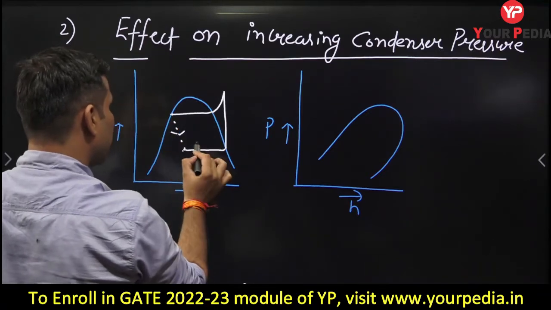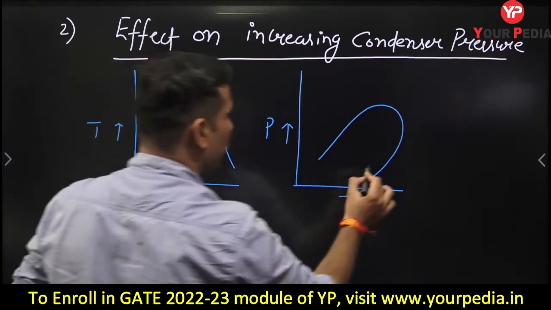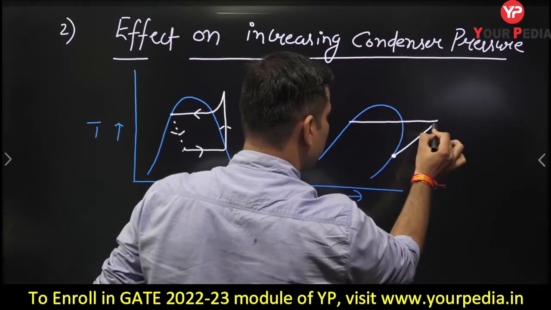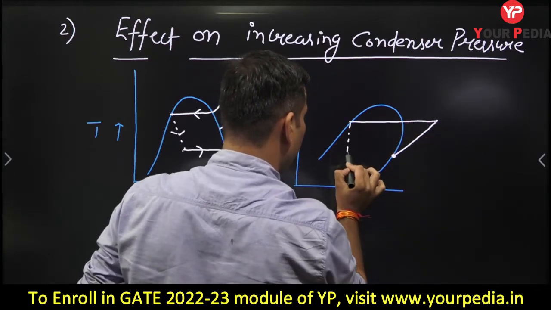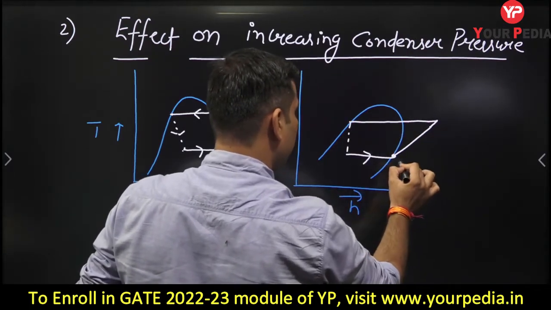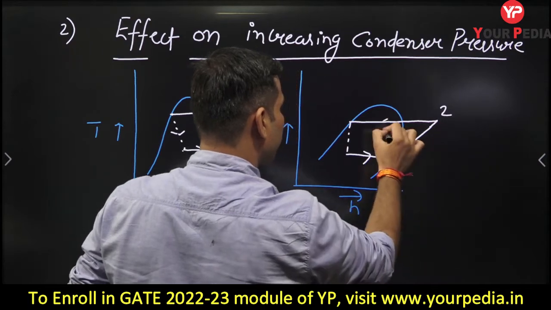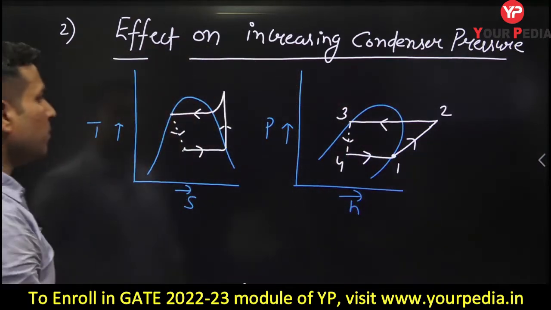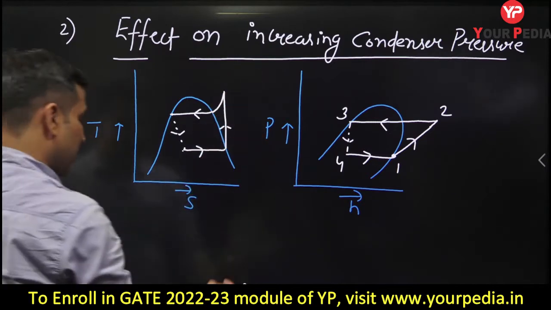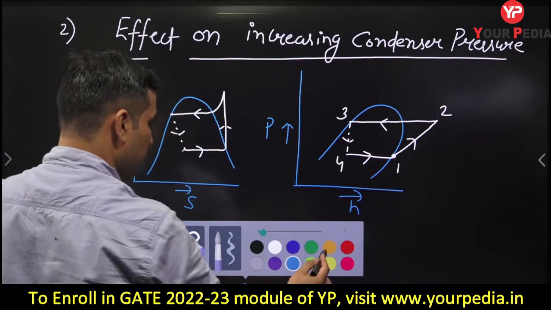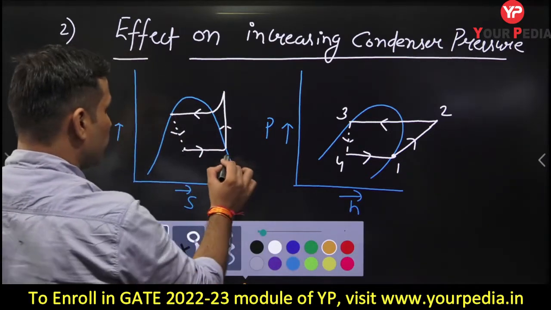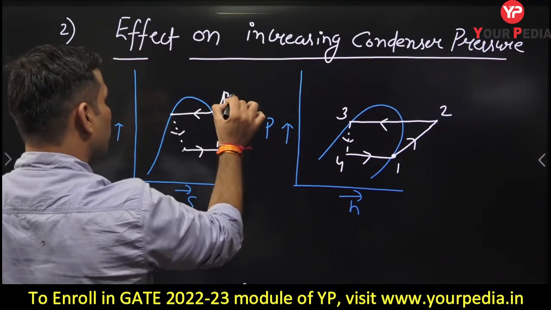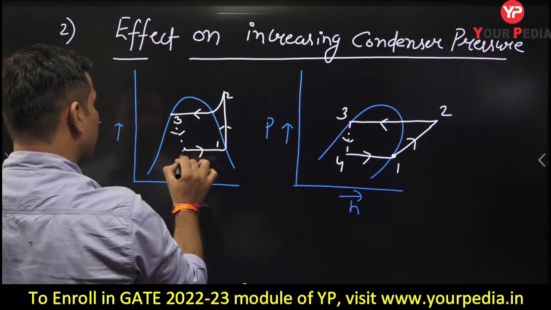So this is the standard VCRS. Okay, this one is the standard VCRS, and here also let me show the standard VCRS. So it will be something like this. 1, 2, 3, 4, something like this. Now if you will increase the condenser pressure, अगर आपने condenser pressure बढ़ा दिया, suppose, so 1, 2, 3, 4, this is 3 and this is 4.